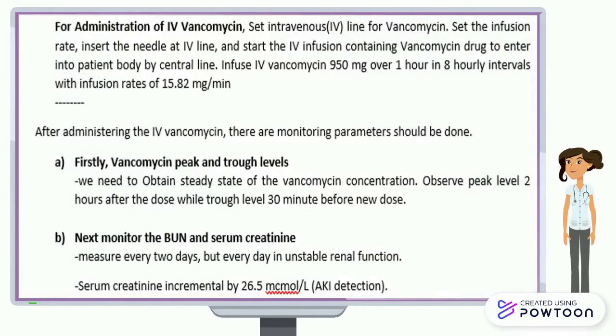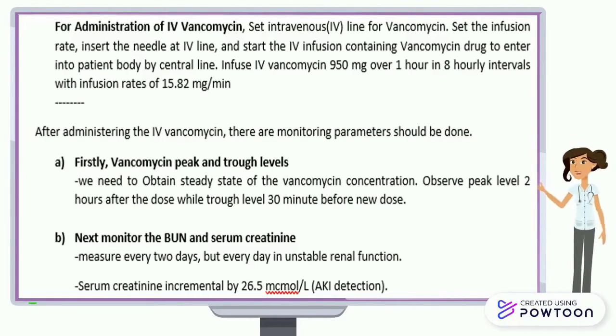We need to first set the intravenous line for vancomycin by setting the infusion rate, insert the needle at the IV line, and start the IV infusion containing vancomycin drug to enter the patient's body through the central line. Infuse IV vancomycin 950 mg over 1 hour in 8-hourly intervals with an infusion rate of 15.82 mg per minute.